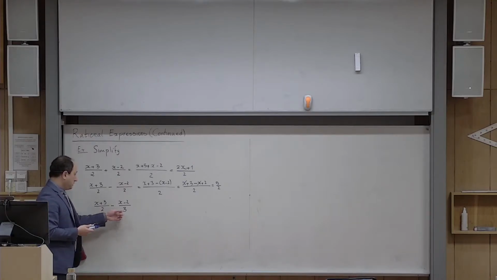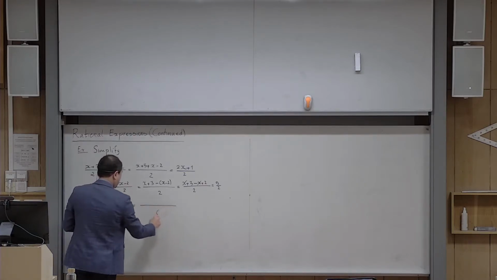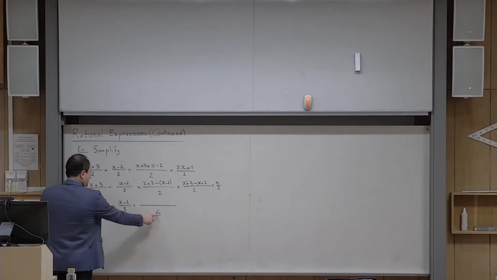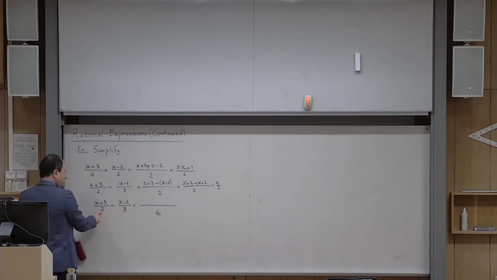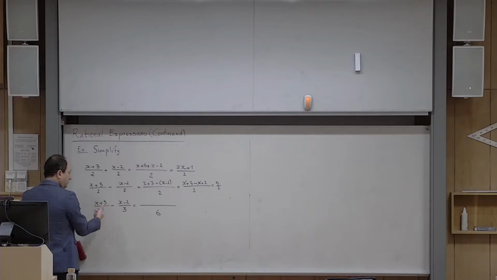It is 6. 6 is the smallest number which is simultaneously divisible by 2 and 3. So I take 6 here, and I say that 6 divided by 2 is 3 times, I'm rescaling it. 2 has changed to 6 by multiplying it by 3, so I have to multiply the numerator by 3 as well.